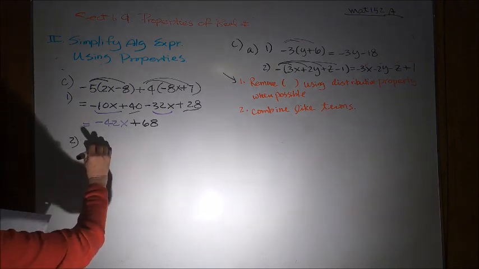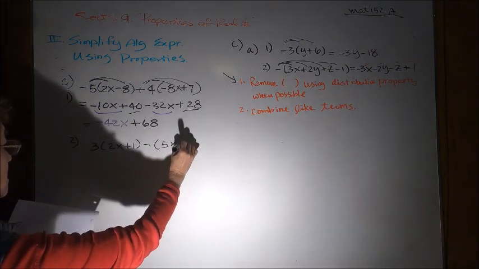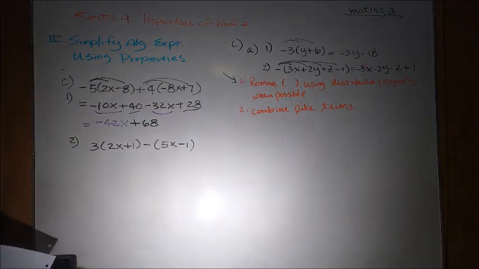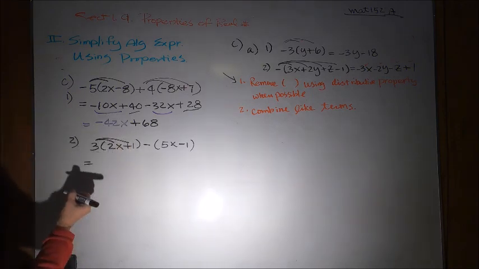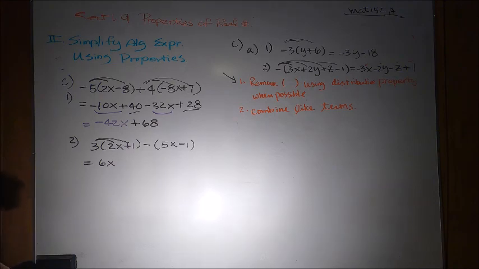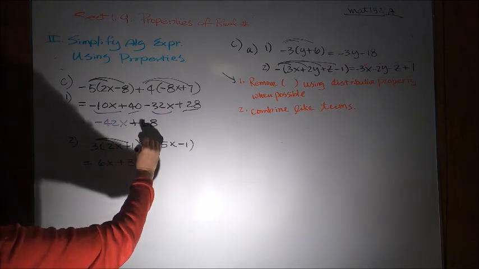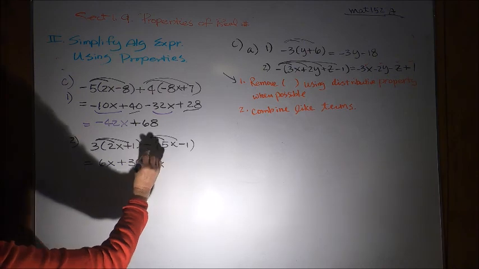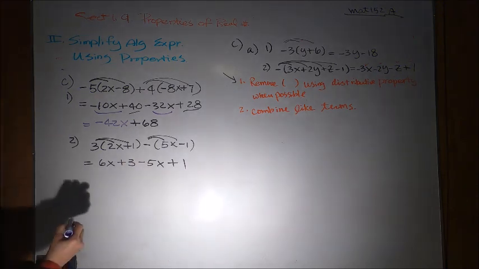So 3 times (2x + 1) minus (5x - 1). First you remove the parentheses, then you combine, right? We distribute: 3 times 2x, 6x. 3 times 1, plus 3. And the negative distributes to both of them, negative 5x and minus... negative on negative 1 changes to plus 1. Do we have like terms?